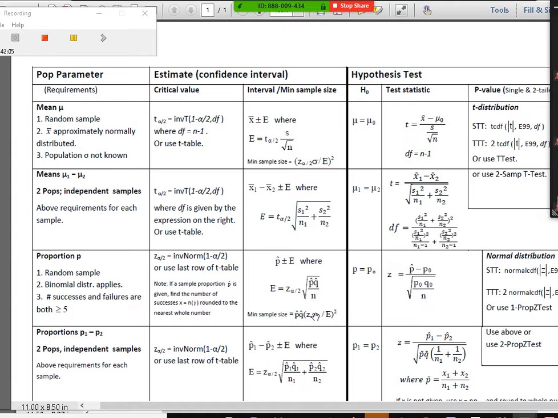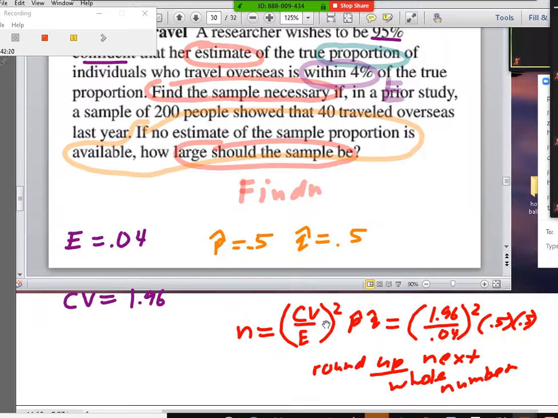You can make that Z alpha over 2 into critical value. So critical value over E squared multiplied by P hat Q hat: 1.96 over 0.04 squared times 0.5 times 0.5, and then make sure you round up to the next whole number because this is the minimum you need. You have to round up because you can't sample a portion of a person, so you always round up.